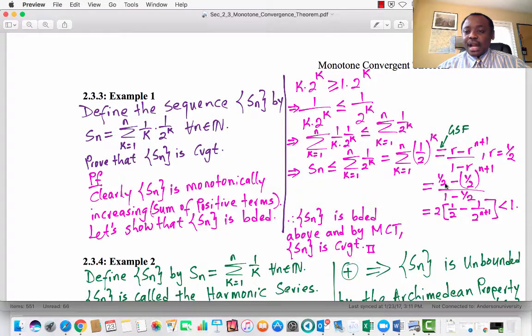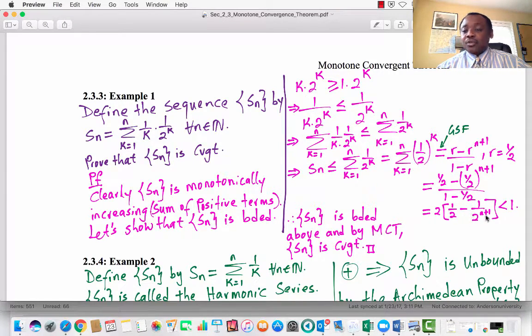This gives me 1/2 minus 1/2 raised to the n plus 1 divided by 1 minus 1/2, and I do not even have to complete the arithmetic involved here. This would lead me to 2 times 1 divided by 2 minus some positive term. If I open the parentheses, I'll end up with 1 minus some positive term.